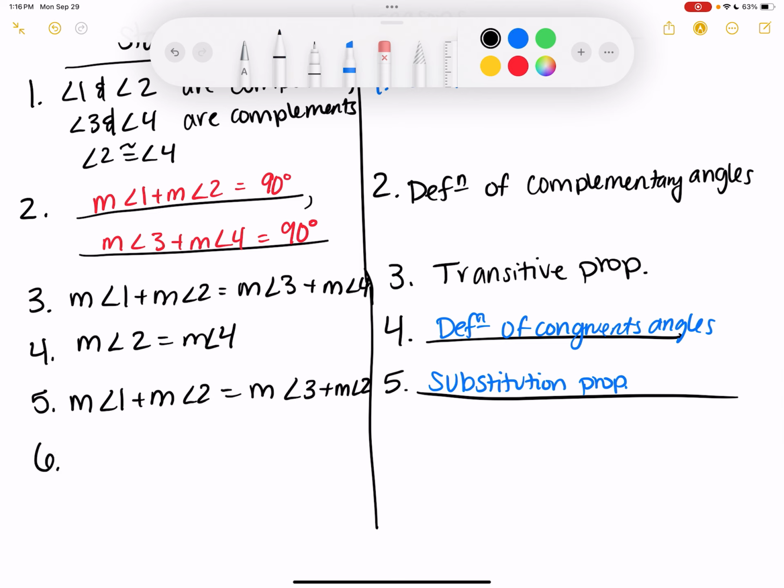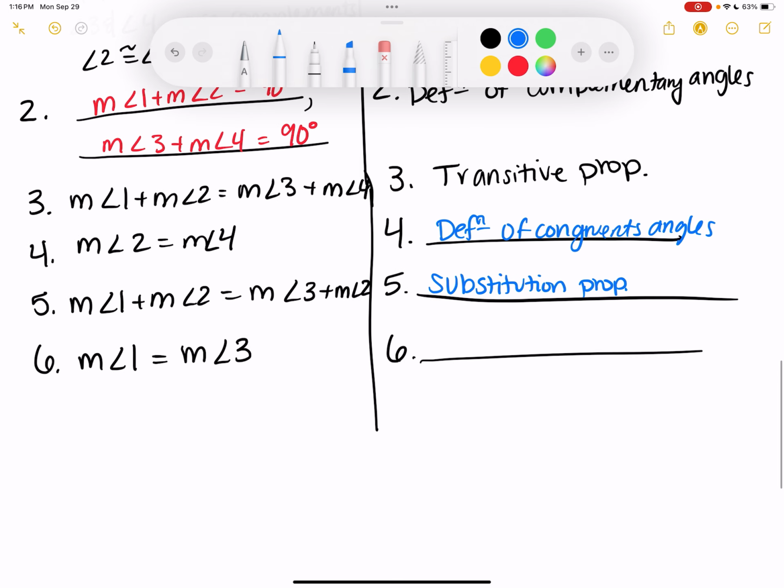All right, 6. The measure of angle 1 is equal to the measure of angle 3. How do I do that? Or how am I allowed to do that? The transitive property. Nope. How'd I get from here to here? What did I do to get from 5 to 6? Oh, subtraction property.